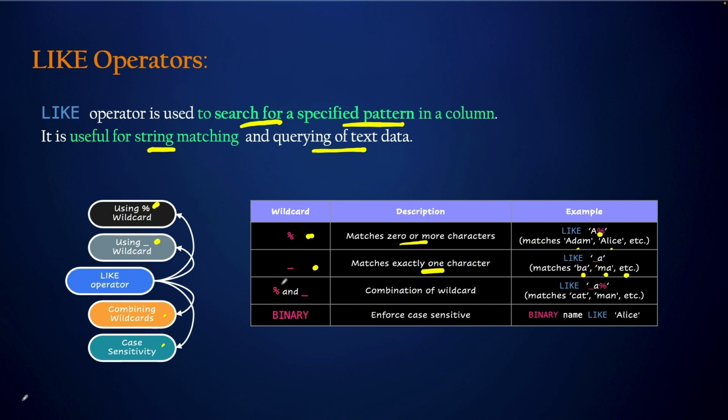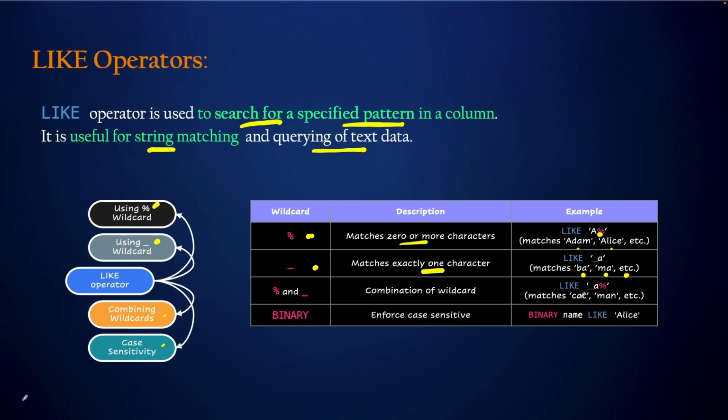Now let's study how to combine these two together. First you write LIKE, and inside single quotation marks you are saying the first character can be anything, the second needs to be A, and at the end you can have one or more characters.